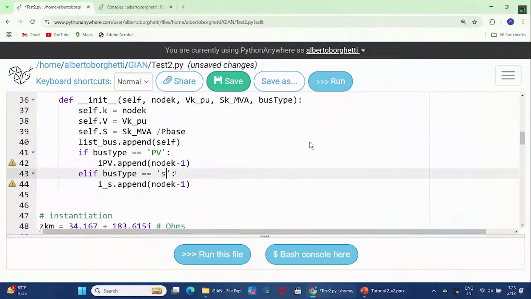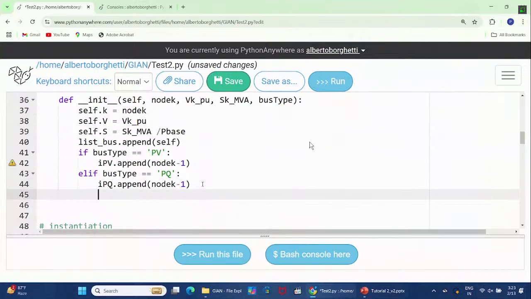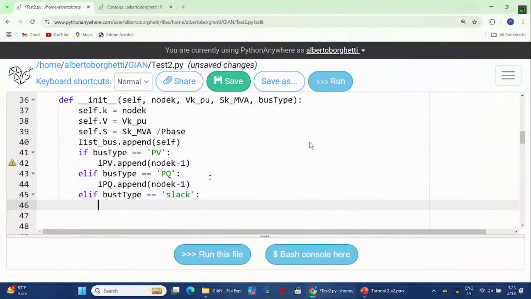If the type is PQ, we need to append in the list IPQ. And we can say else, or if bus type is equal to slack, then put in slack.